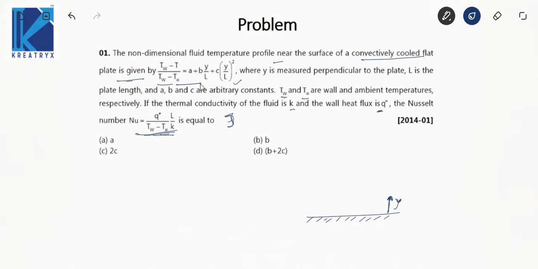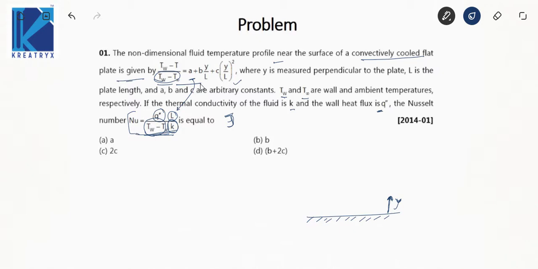So you can see that in this equation, the value we have to find, there is T_w minus T infinity, and here also it is T_w minus T infinity. So you can think that there is a use of this equation in this equation. This is the first observation. Second, you can notice that there is k, L and q double dash.